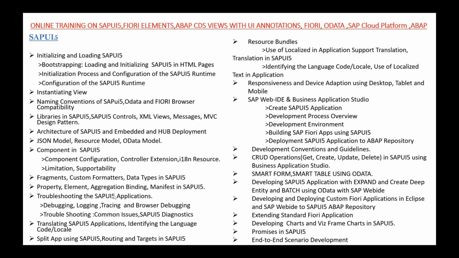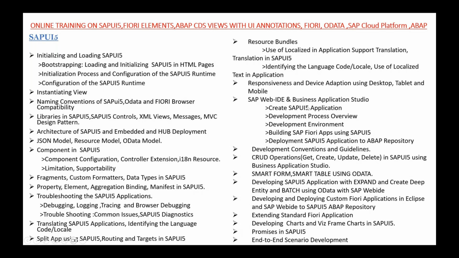Then I'll come to SAP UI5. Here we cover bootstrapping, initializations, naming conventions, libraries, architecture, JSON models, resource model, OData, fragments, custom fragment, formatters, properties, elements. How to debug the applications, translating the split app, resource bundles, responsiveness, SAP Web IDE and BAS.